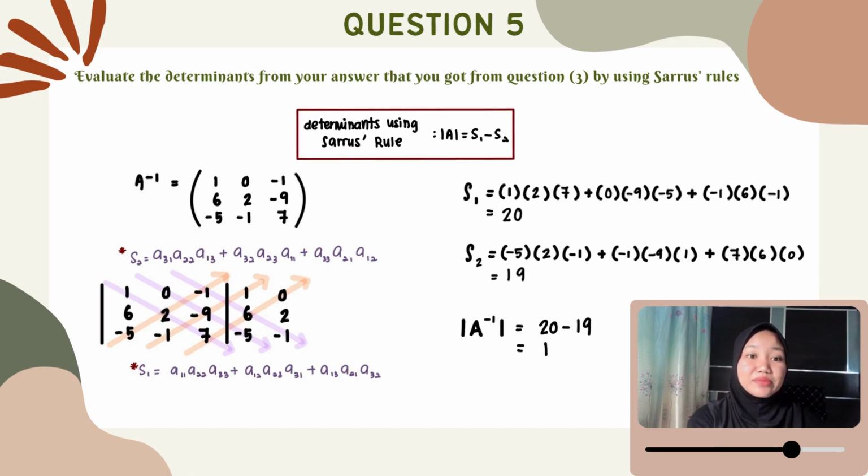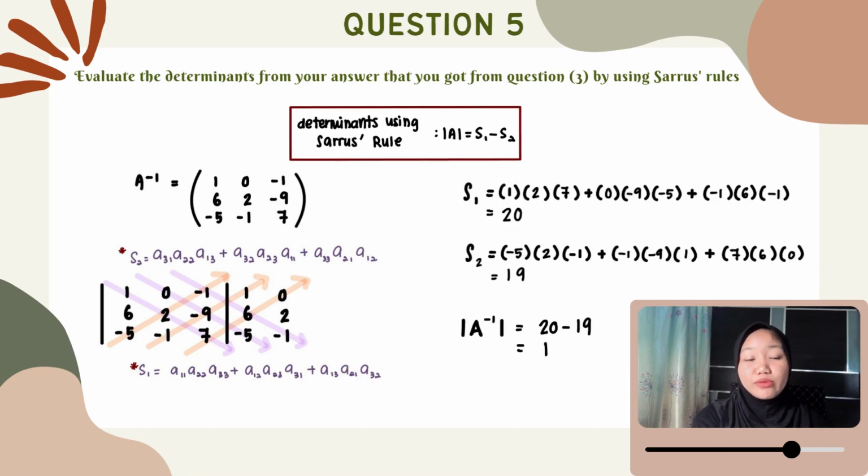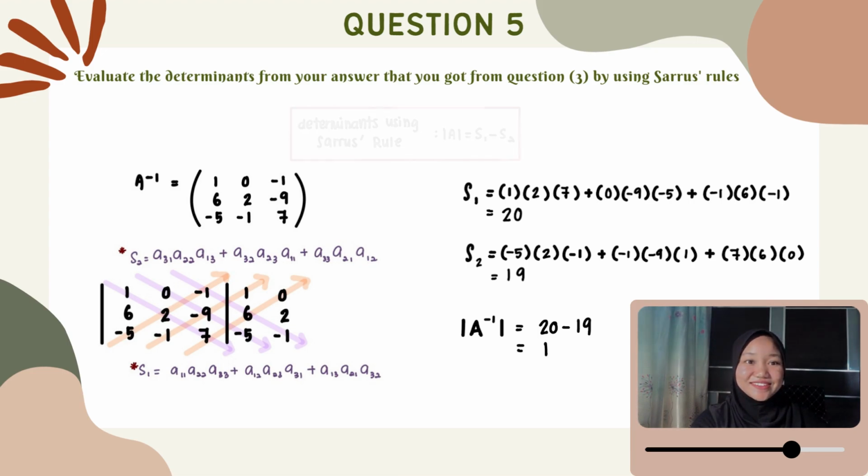To get the determinant using Sarrus' rule, we apply S1 minus S2, which is 20 minus 19, and as the final answer, the determinant of the inverse is 1.